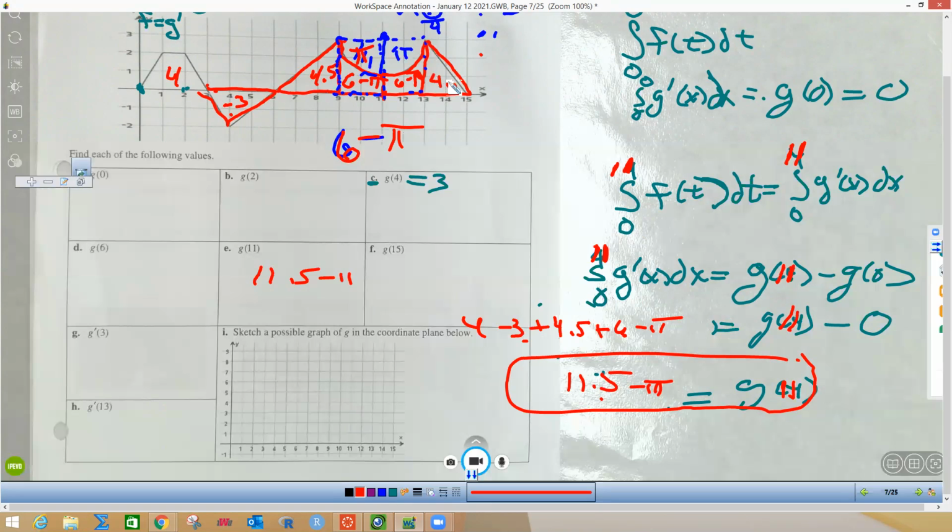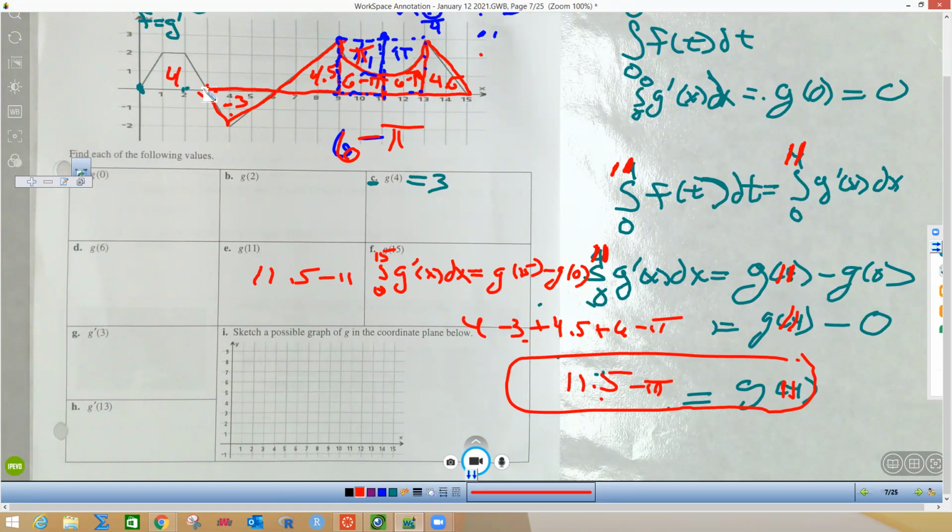This is also 4.5. So for this problem, we are doing the integral from 0 to 15 of G prime of x dx. Okay, that's what it wants us to get. And again, that would equal G of 15 minus G of 0.